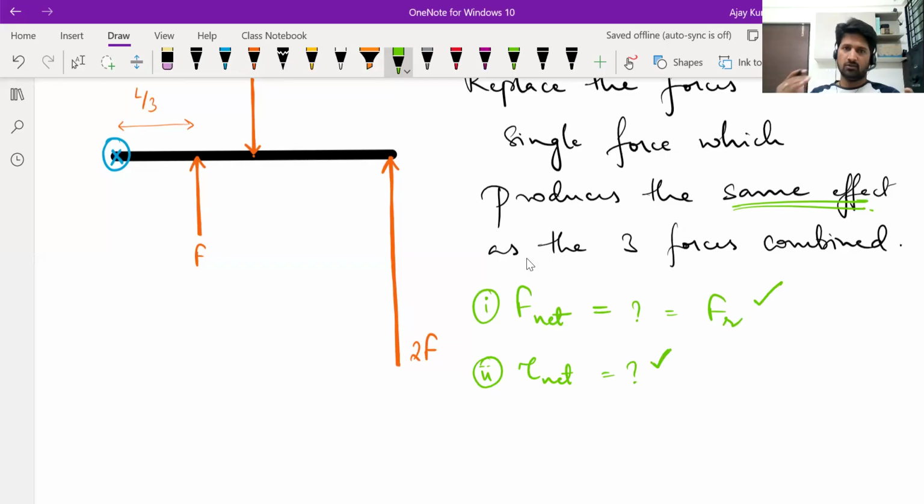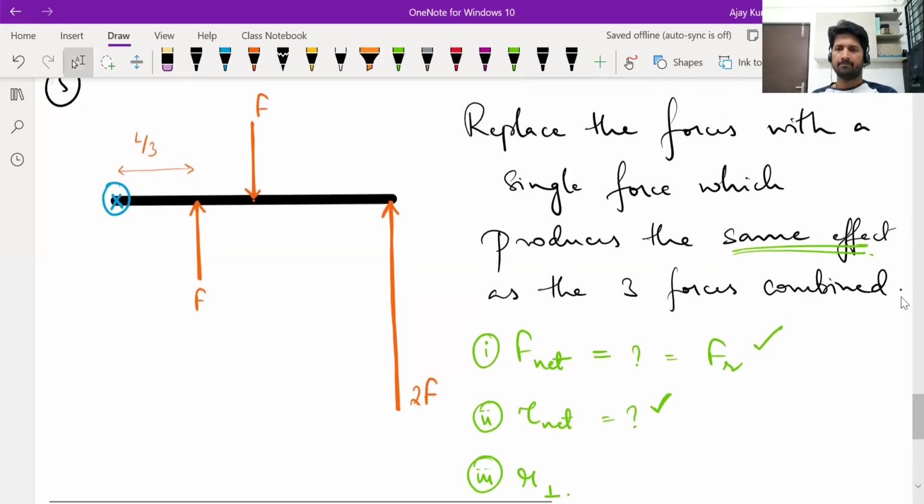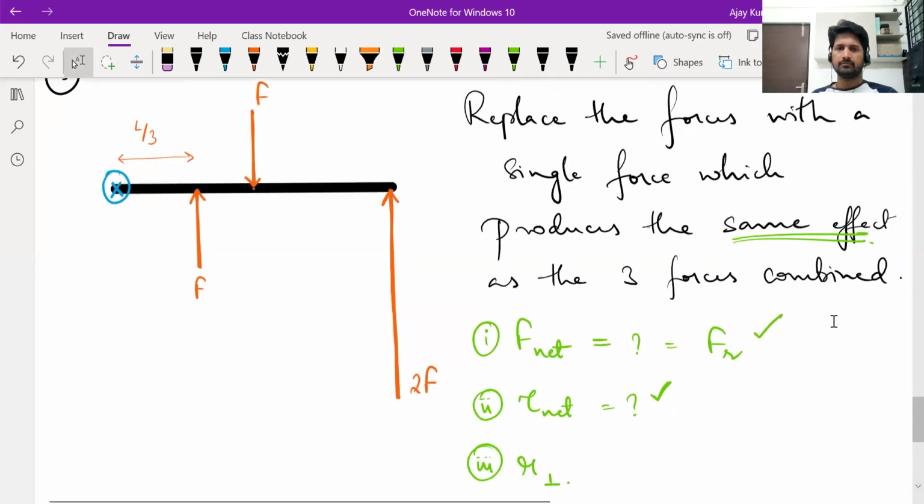If you know the force and the torque it should produce, you can find out where the force must be assumed to be acting. So the third thing is to find the perpendicular distance where you will apply that force. Solve this carefully. There are two forces acting upward, one force acting downward. Find the resultant of the forces first. After that, find the torque due to each force and add them as vectors, and you will get the net torque. You know the resultant force and resultant torque, so get the perpendicular distance.